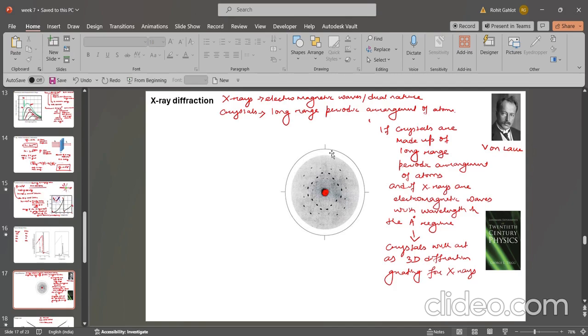A crystal is generally defined as a long-range periodic arrangement of atoms. So if the crystal is made up of a long-range periodic arrangement of atoms, and X-rays are electromagnetic waves with wavelength lambda, then these crystals will act as a 3D diffraction grating for the X-rays.